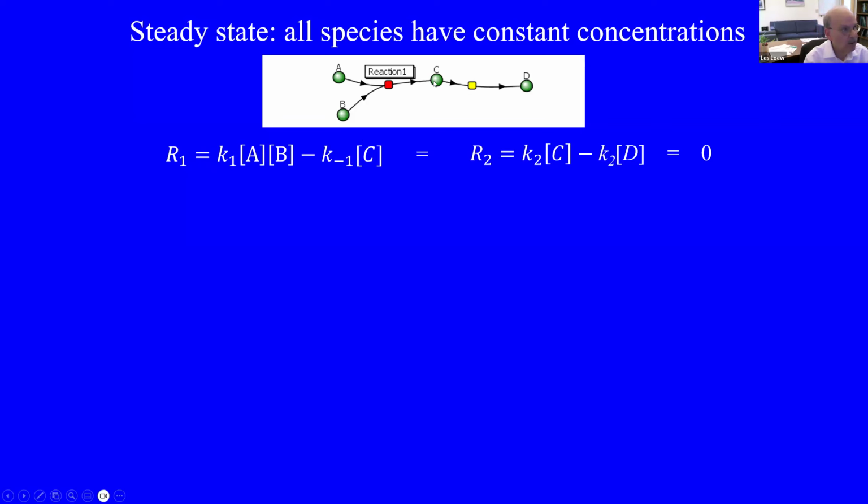And likewise for the transformation of C to D. The forward rate for this reaction is K2, a different rate constant, times the concentration of C minus, this was a little mistake here, this should have a K minus 2, the reverse reaction, times the concentration of D, okay?